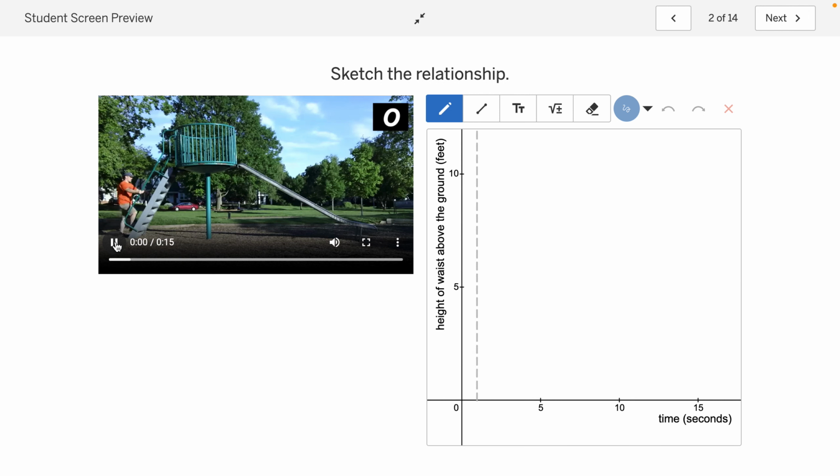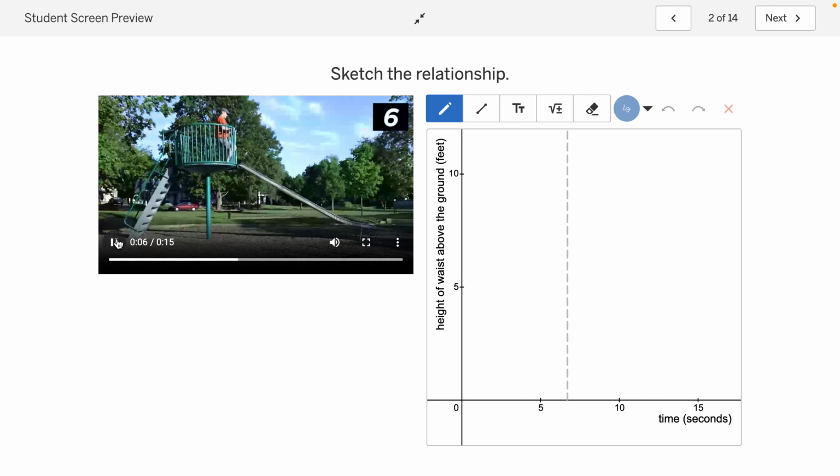And then he's walking up to about 5 seconds. At about 5 seconds, it looks like he's, I'm just guessing, 12. Just a guess.